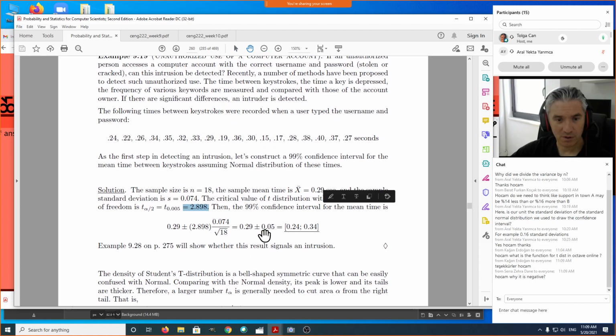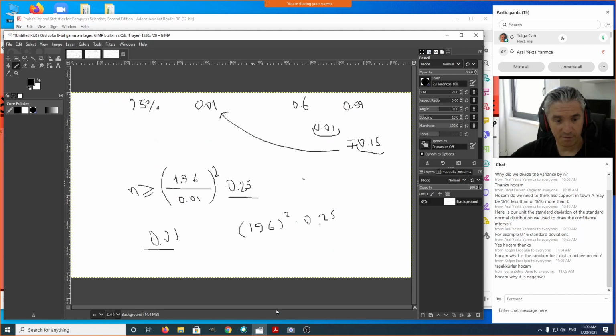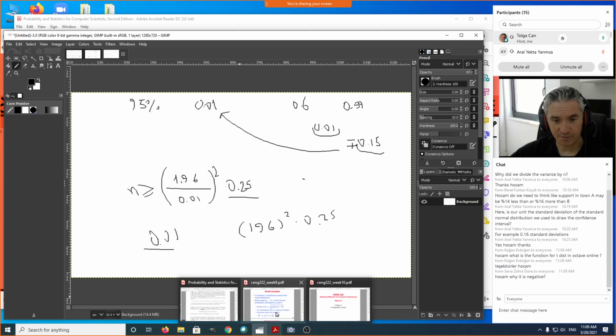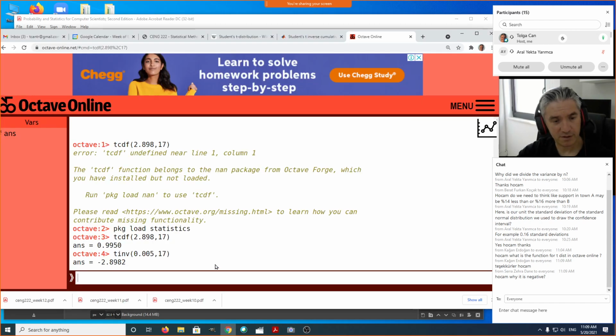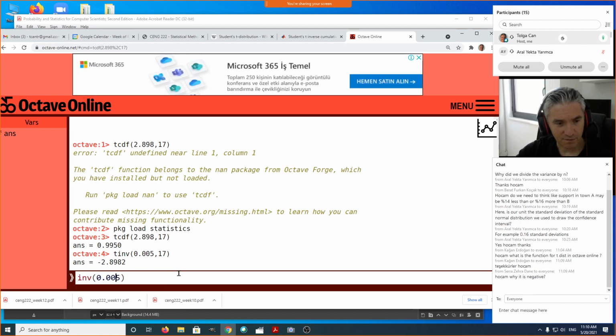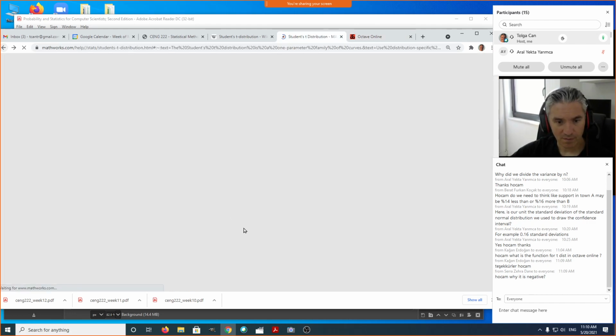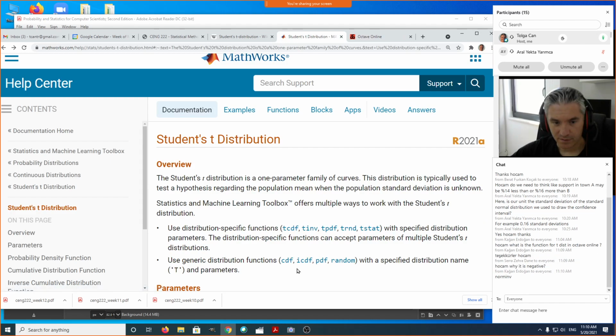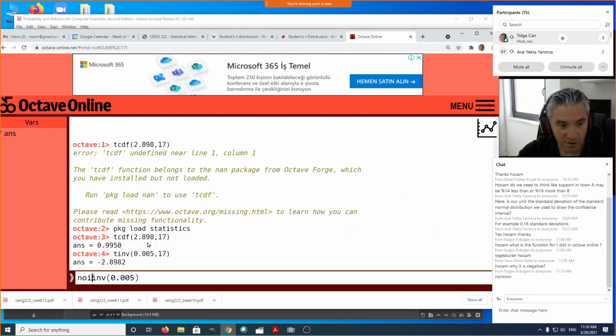All right, so if we do the same thing for Z, it was probably a smaller number. Is it Z inverse or norm inverse? Okay, that's the normal inverse, 0.005.